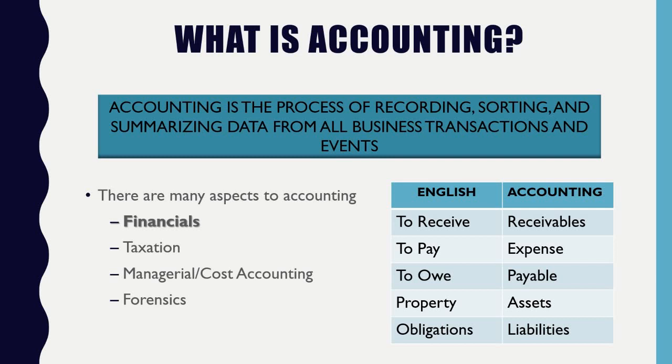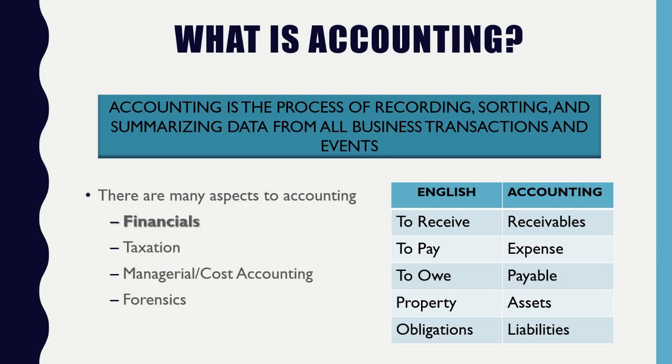Now, when we talk about understanding accounting, we have to understand it like it's another language. There are a few key words that we use in accounting that are, in essence, going to be translated into what they mean in the real world. When we see receivables, that means to receive money.